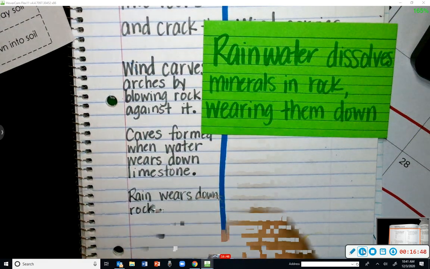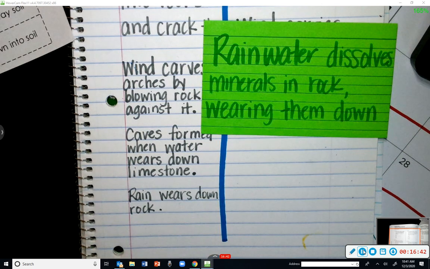Have y'all ever picked up a rock out of a river? Yes. Have you noticed how smooth they are? Yes. Why would they be smoother than a rock that's just on dry land? Because it's wet. Kelsey? Because it was in water, and also the erosion, it blew the rock into the river.